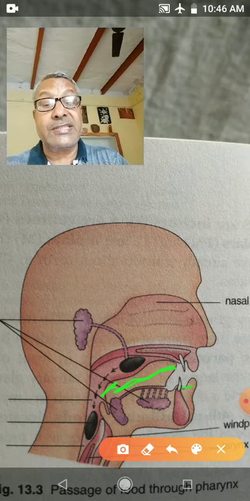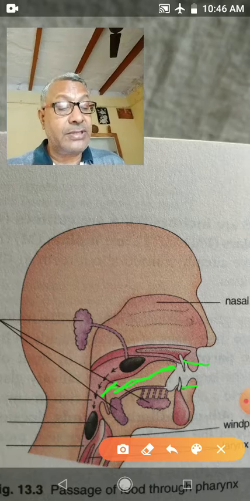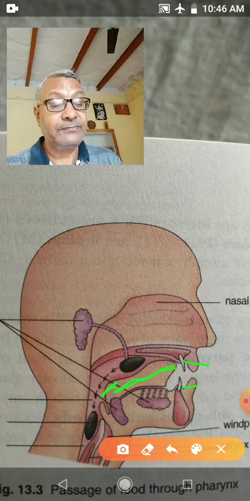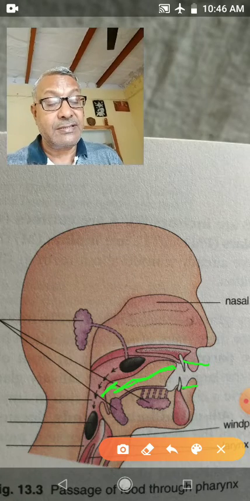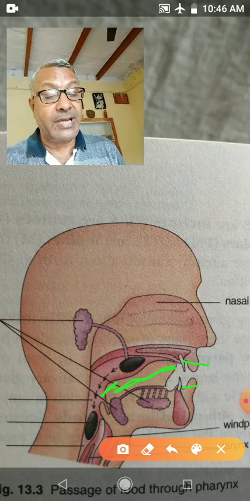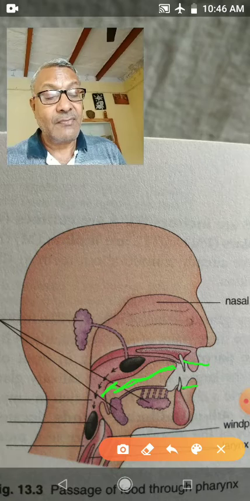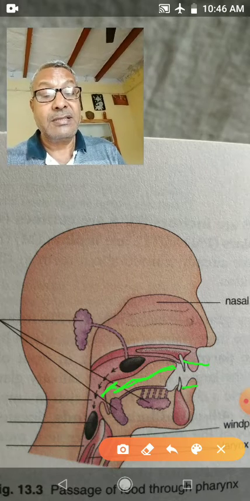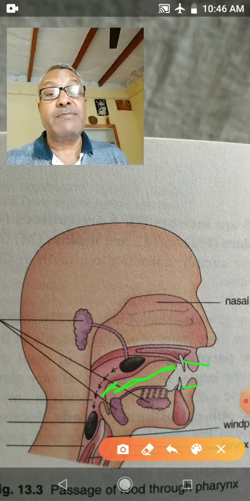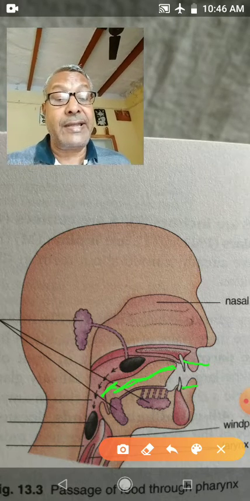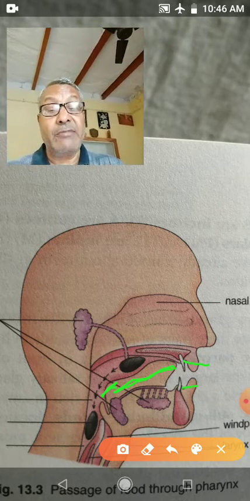Another structure is teeth. Teeth develop by ossification in the mucous membrane of the buccal cavity. Teeth help in breaking the food into small pieces, in grinding and in mastication.